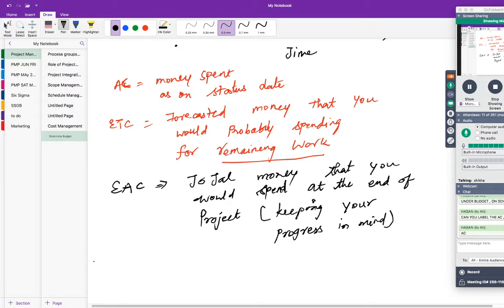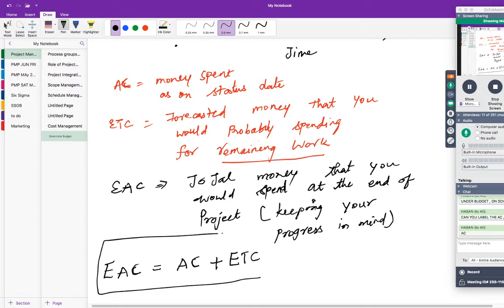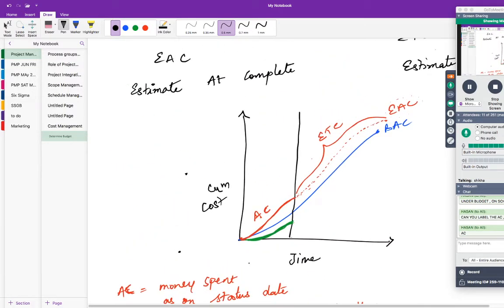In other words, EAC is equal to AC plus ETC. Yes or no? So look here. This portion AC plus your ETC, it is only giving you what?